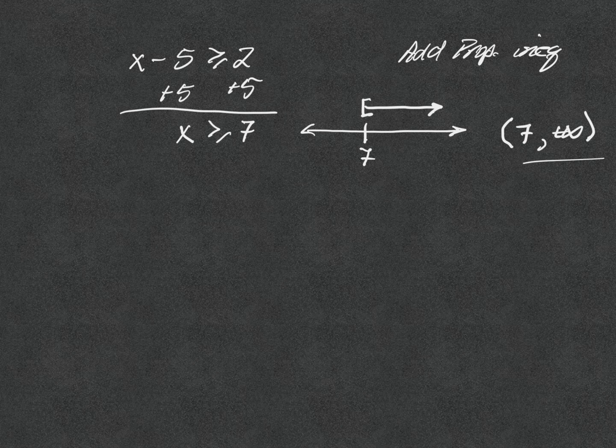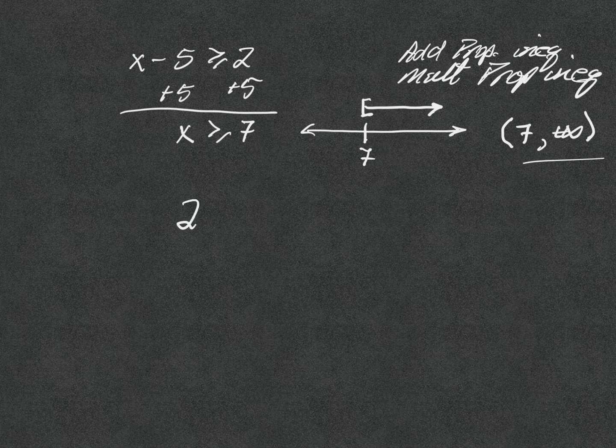But what if you start to have more complicated problems where you have to use the multiplication property of inequality, which we didn't use on this one? Well, there's something interesting that happens.